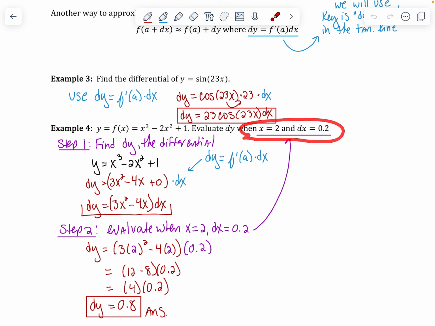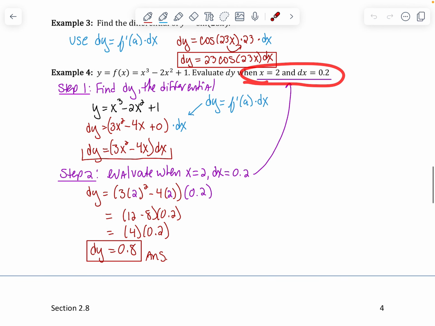That is what dy equals, but now I need to do the next piece. I need to evaluate it when x is 2 and dx is 0.2. So wherever x is, I'm going to put a 2, and wherever dx is, I'm going to put a 0.2. For clarity, I decided to simplify inside the parentheses because I was doing this without a calculator.